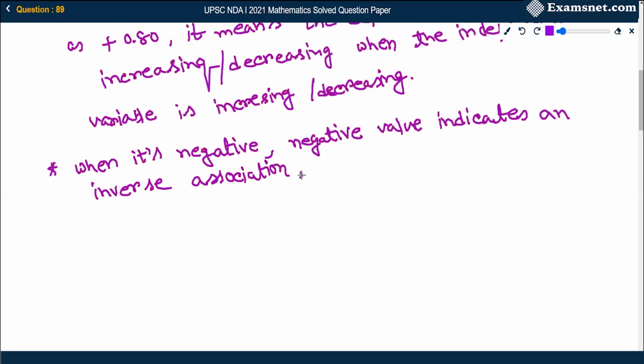Like the dependent variable is increasing, so the independent variable is decreasing.